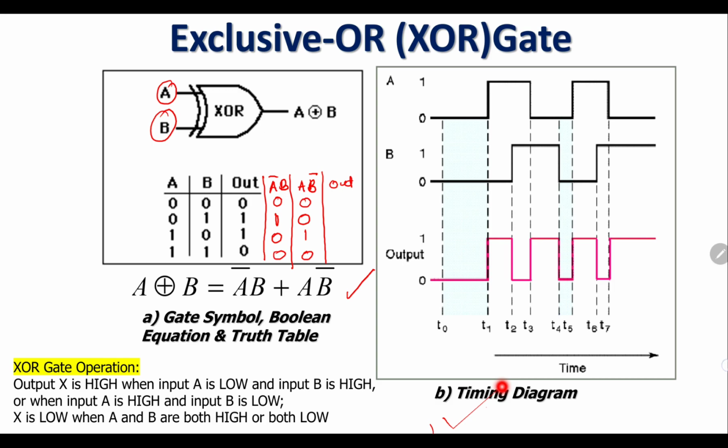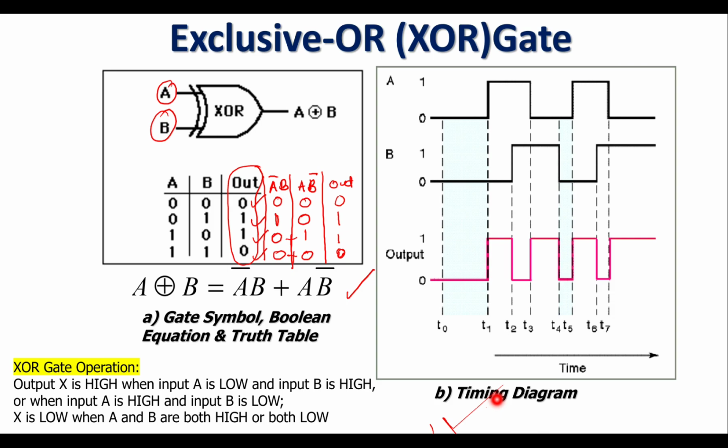So you can do the plus operation. 0 plus 0 is 0. 1 plus 0 is 1. 0 plus 1 is 1. 0 plus 0 is 0. So that's why you got the answer like this. You have to do the operation of A bar B plus A B bar.